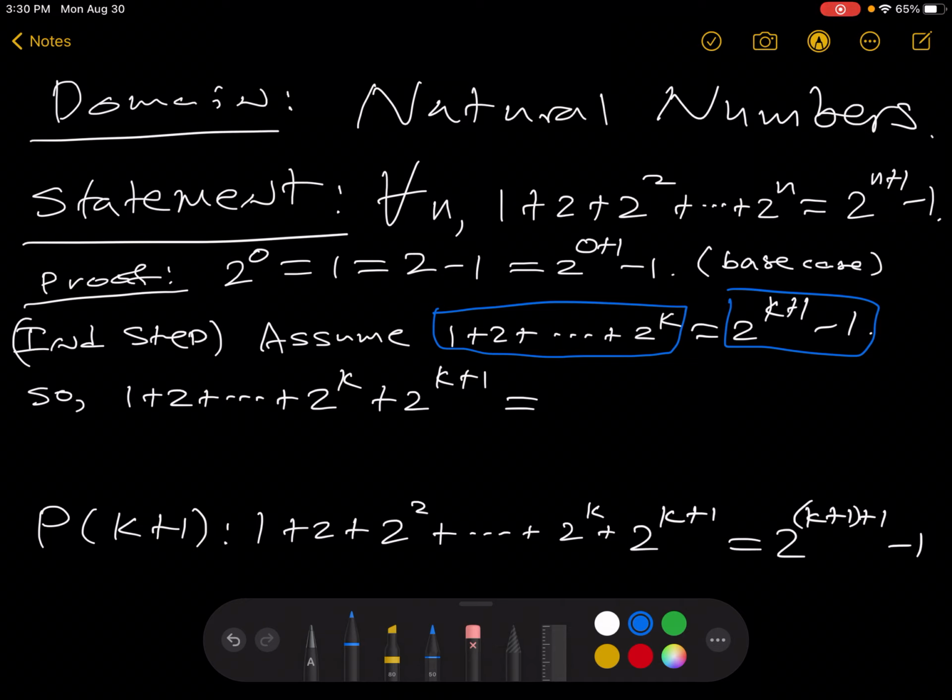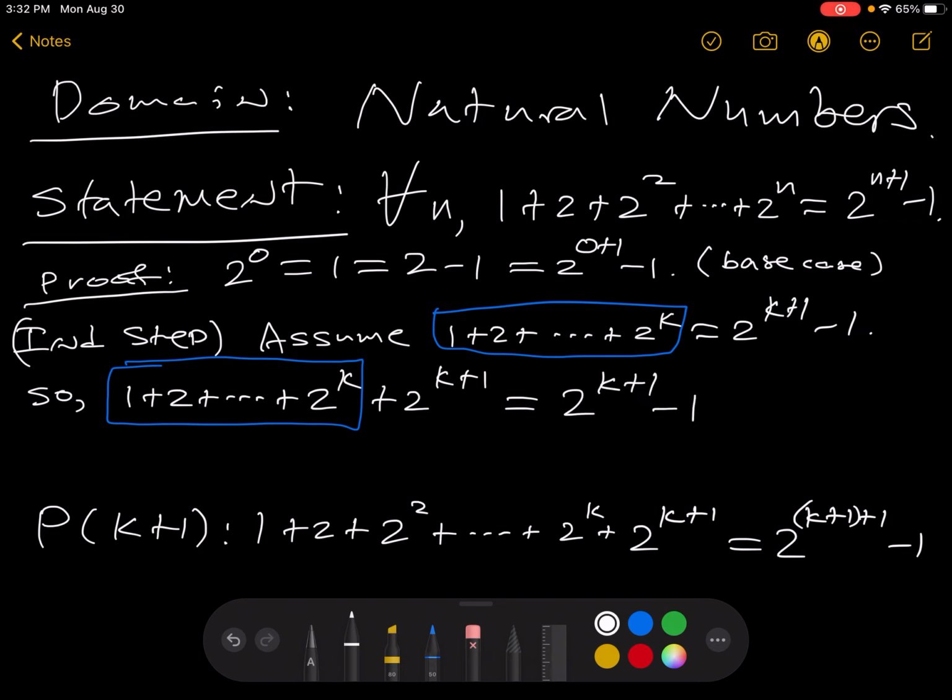And notice that this thing I have circled in blue here, notice that that is exactly that. So our assumption tells us that the thing in blue is equal to 2 to the k plus 1 minus 1. So we have 2 to the k plus 1 minus 1 plus 2 to the k plus 1.